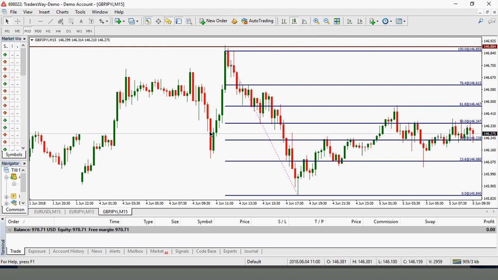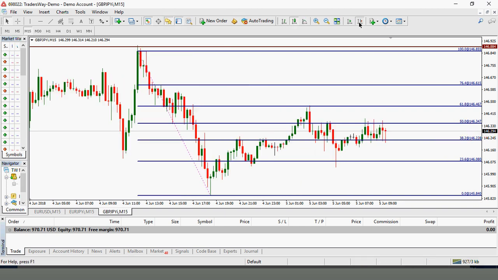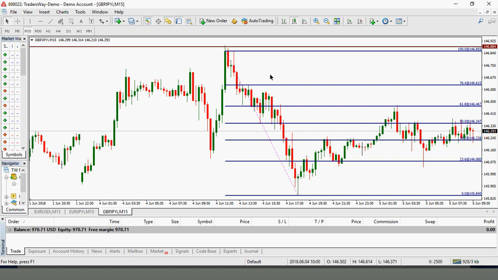Well, I didn't identify the major trend here on the 15-minute chart. Let's see here. Or did I? No, I didn't. But the 15-minute chart, let's see here. It does go up.